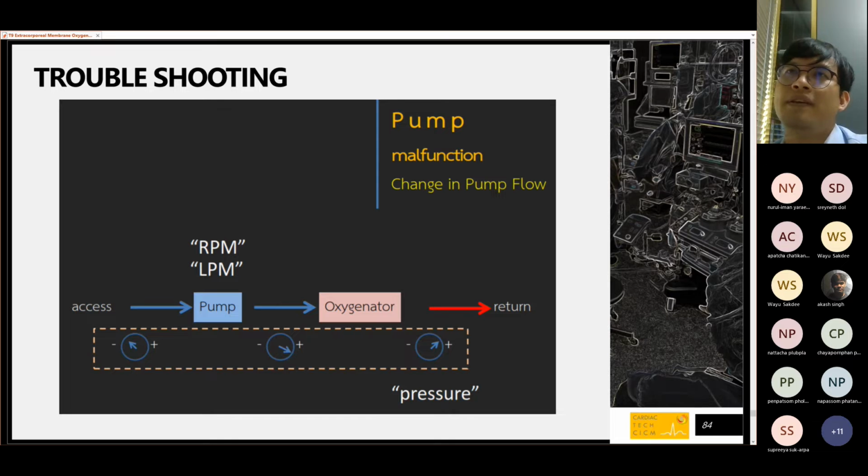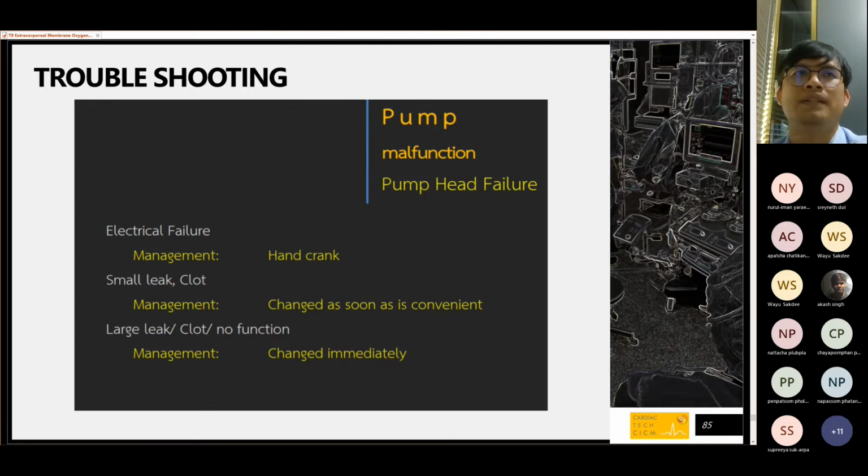But if they still need longer support, we need to change the whole circuit.